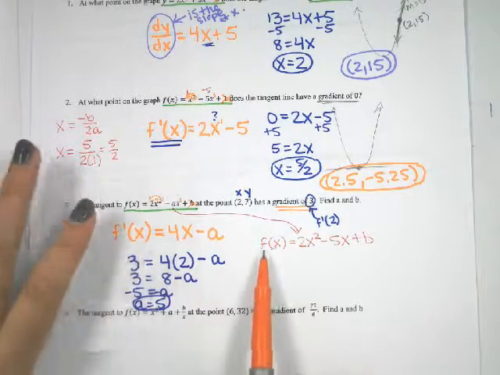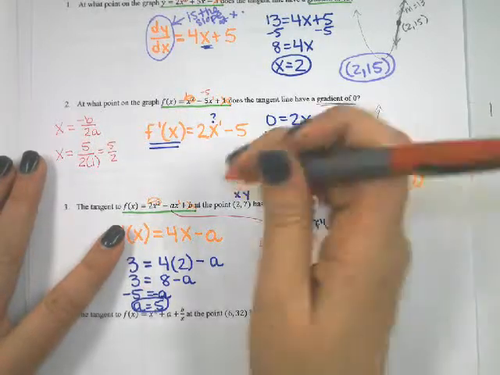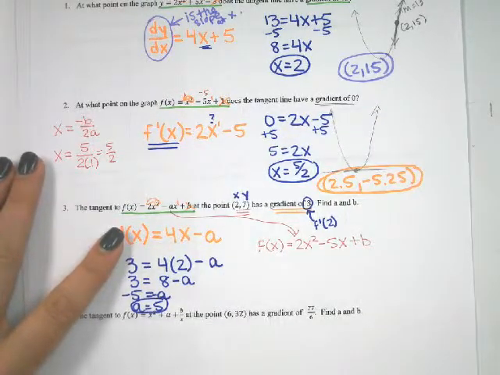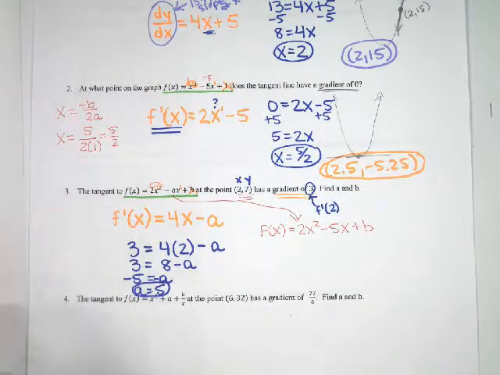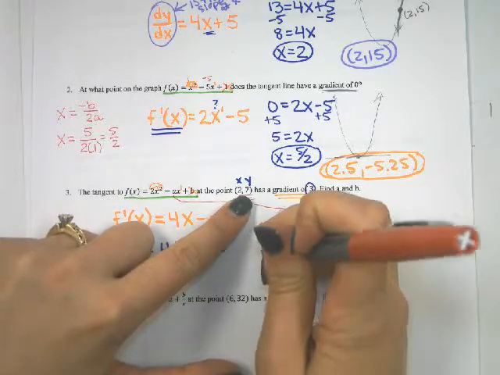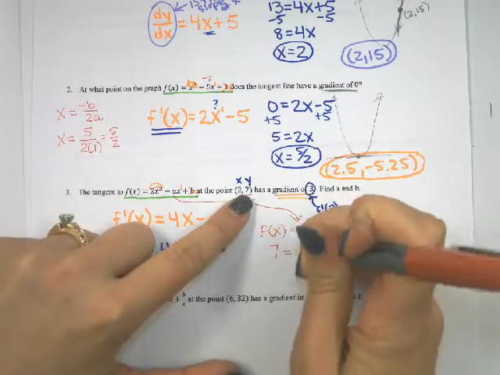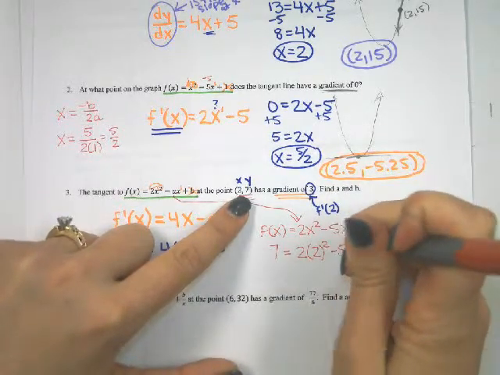So now if we go back to our original function here, we know a is 5. Now this is like our y. We have x and we have b. They gave us this point that's on our line, so now we can take that point and plug it into our equation. So I know that x is 2, y is 7. So my output is 7. My input is 2, so I'm replacing x with 2.